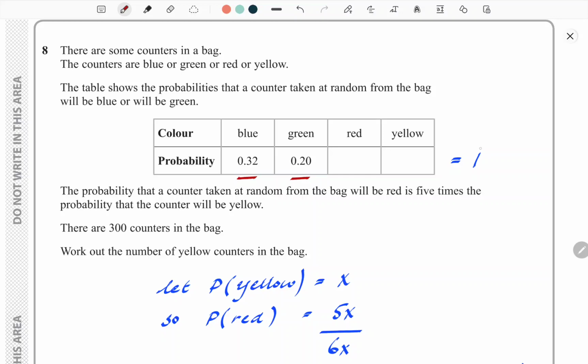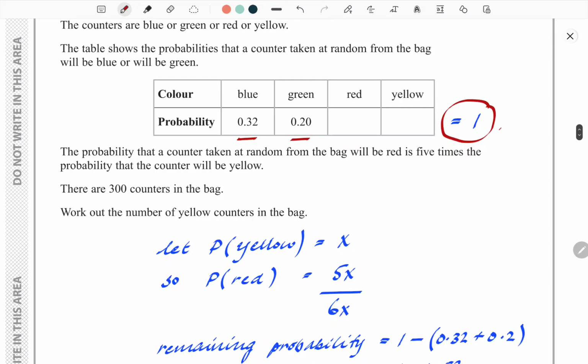One thing you must note is that in this particular scenario, when you have a choice of however many things, the probability of all the different outcomes, all the different choices, must add up to 1. So whatever the missing ones are for the red and the yellow, added to the blue and the green must equal 1. Fundamental.